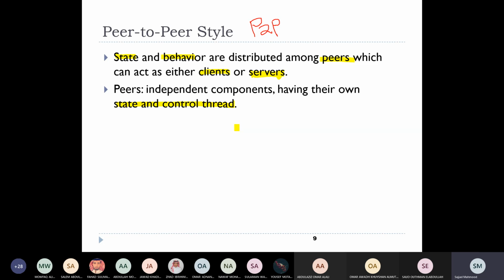The connectors in this case are your network protocols. Of course, these P2P systems use their own unique network protocols. They develop their own protocols to share this content and information.